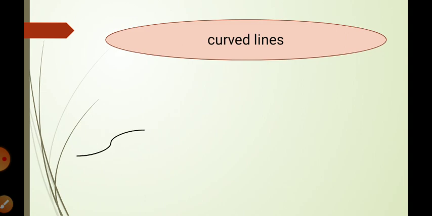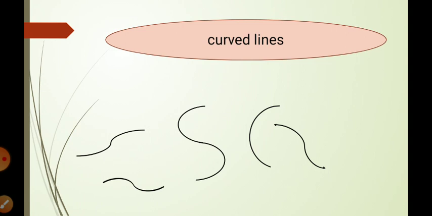See this, these are some curved lines I am showing you, like a half circle, like S. These all are curved lines. Do you understand the difference between straight lines and curved lines?